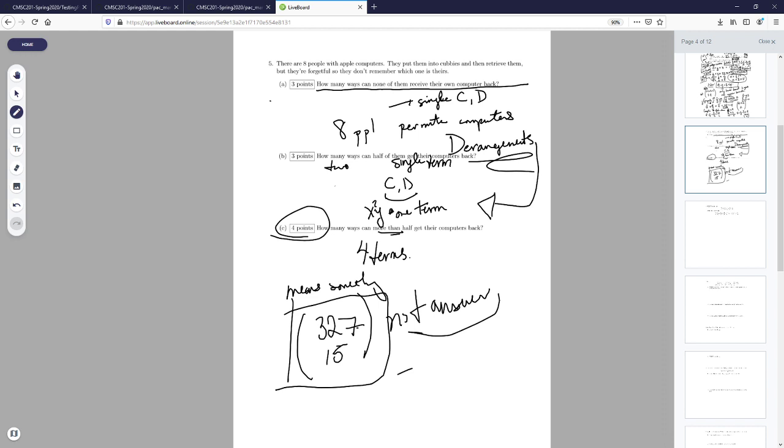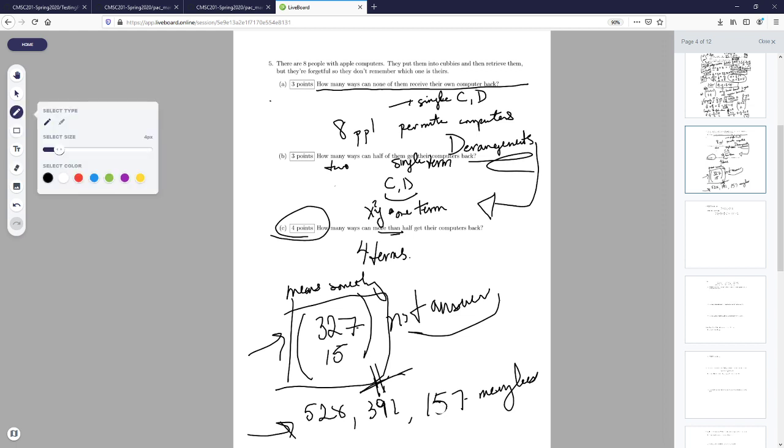But if you write out a large number like 528,392,157, which I just made up on the spot, this doesn't really mean much. This is kind of meaningless. And so I tend to like combinatorial terms better than raw numbers, because to me, essentially all the meaning has been stripped out from what this number could have meant if it was actually one of these combinatorial terms.